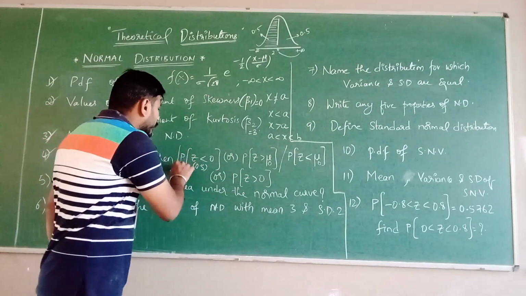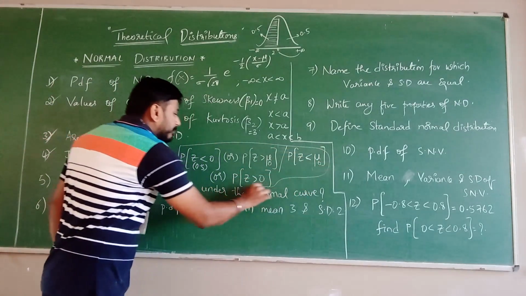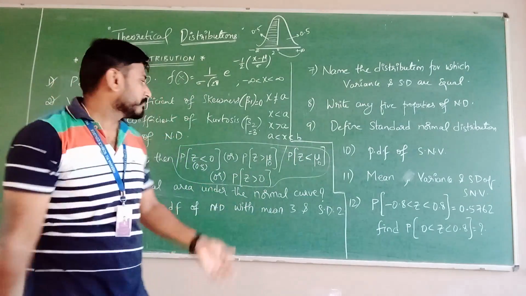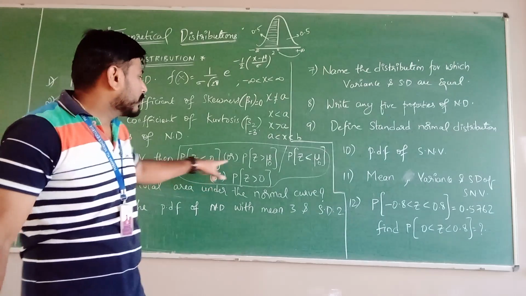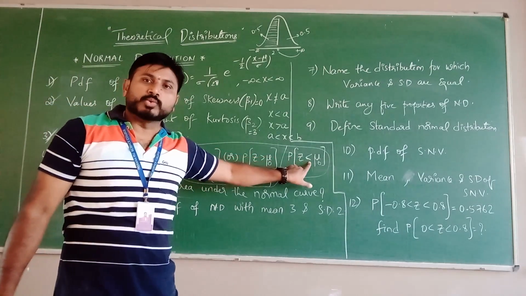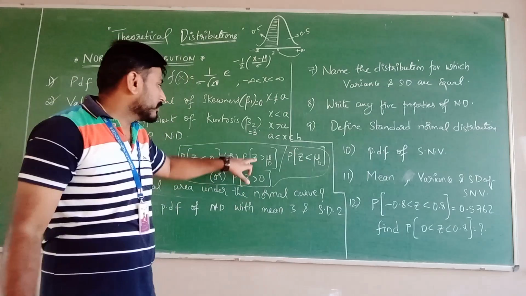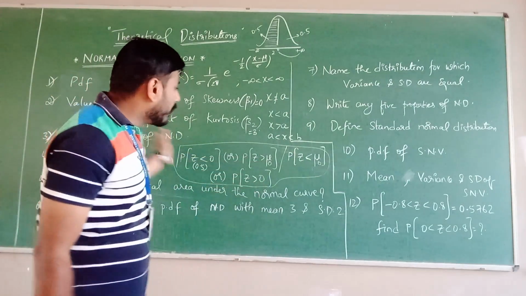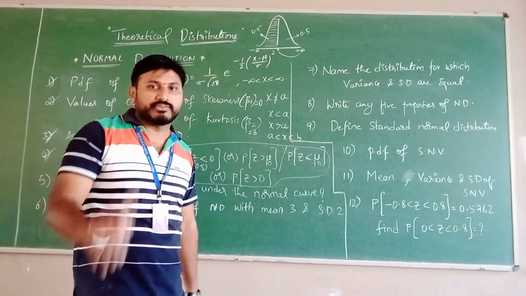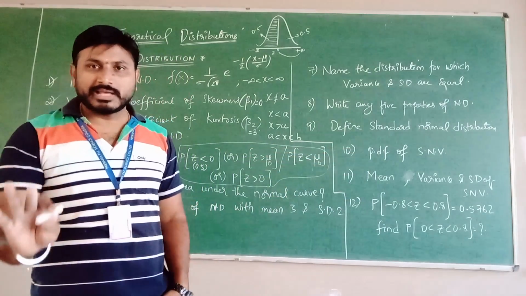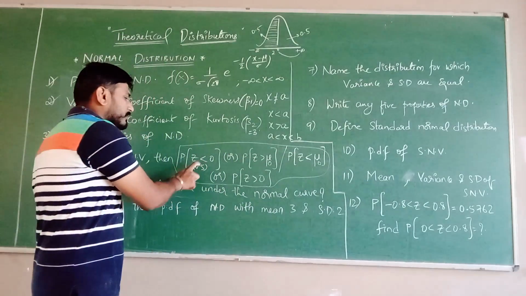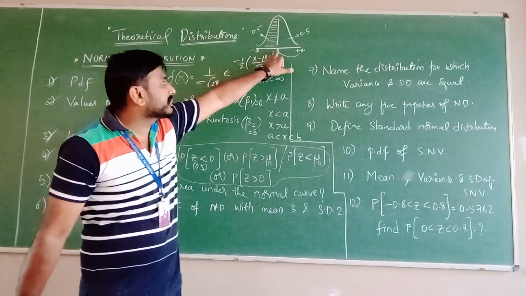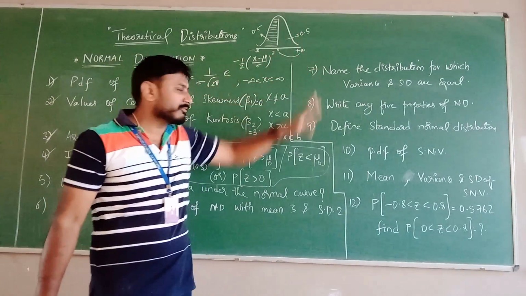See, all these 4 questions are one and the same. They just make you confused. So P of Z less than 0 and P of Z less than mu are one and the same. Z greater than mu and Z greater than 0 are one and the same. All these values become 0.5. Are you clear, guys? Z less than 0 is 0.5. Z greater than 0 means the area from 0 to infinity, which is also 0.5.